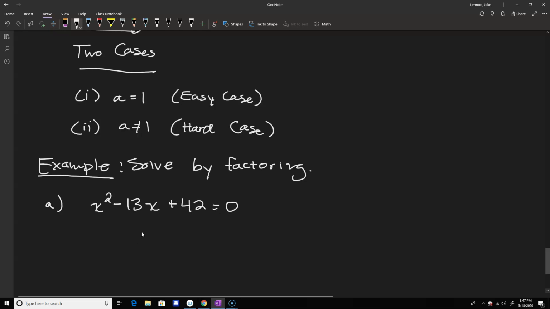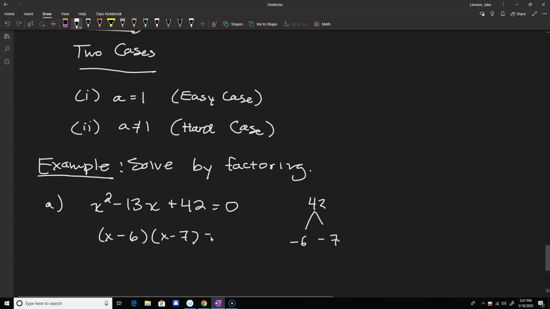So what you have to do is you look at the constant term. So the constant term in this case is 42, and we just want two numbers that when you multiply them together, they multiply to positive 42, but when you add them together, you get that middle term, negative 13. So in this case, negative 6 and negative 7 do the job, and that just tells you the factors immediately. So x minus 6 times x minus 7.